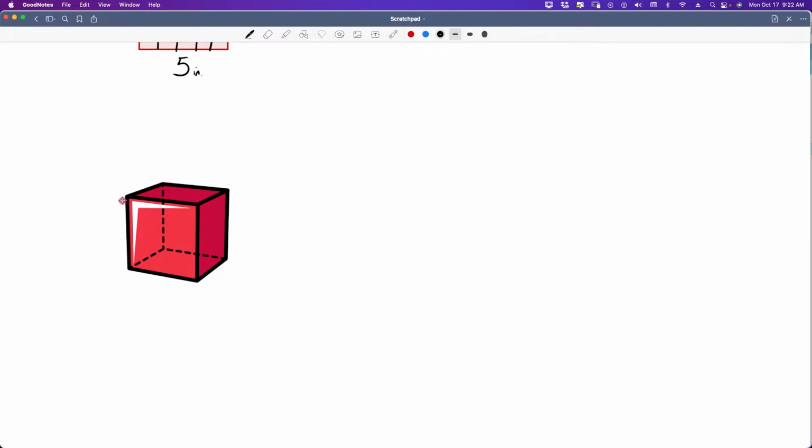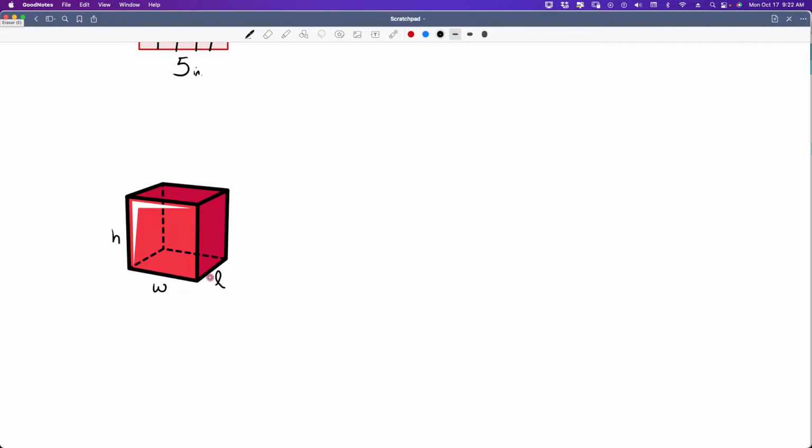So here is a cube, and I'm going to illustrate. We have a height here, so we have a height dimension. We also have a base or a width here, but then we also have a depth. Technically, this would be called your length, right? Width times length.